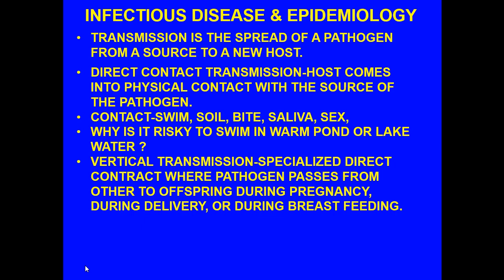For example, why is it risky to swim in a warm pond or lake water? Now, this is warm, unagitated water. Let's say it's in the summer. This is very common where you will have Naegleria fowleri. This is an amoeba that proliferates in some of these warm waters.